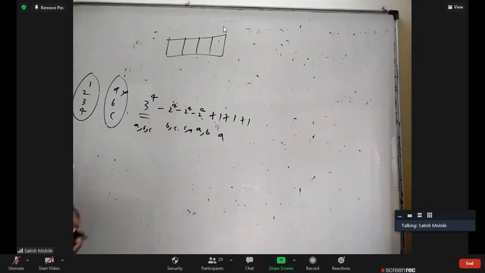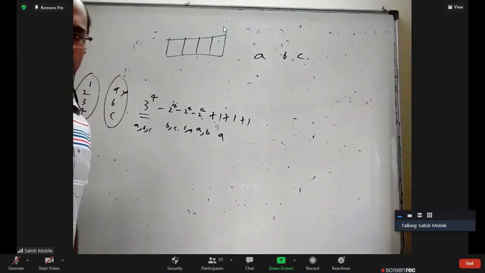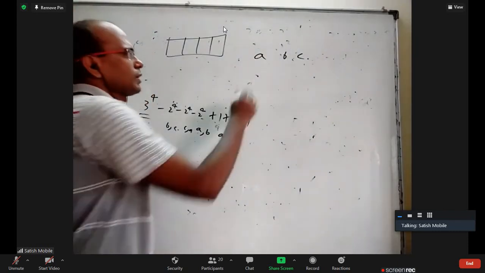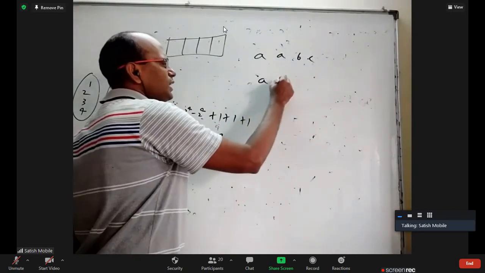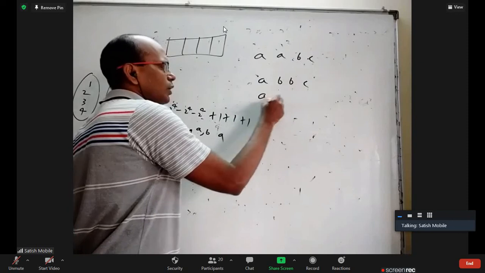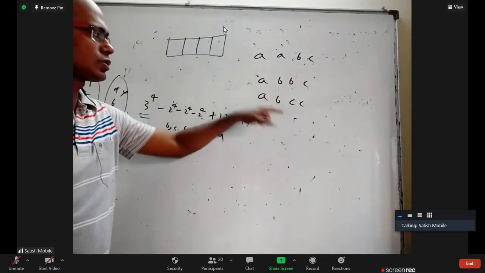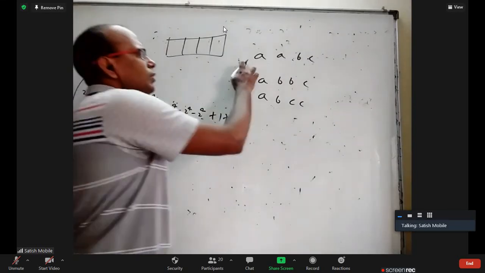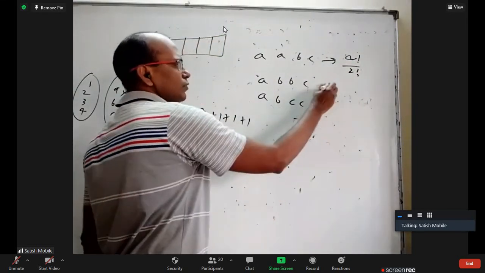You know, if somebody is not able to get this, there is another way. You want a minimum of 1 A, 1 B, 1 C. That extra element, what can it be? It can be A or B or C. So somebody can take 2 A's, 1 B, 1 C, or 1 A, 2 B's, and 1 C, or 1 A, 1 B, and 2 C's. That's all, only 3 cases. How many ways can you arrange this? 4 factorial by 2 factorial. This also 4 factorial by 2 factorial, this also.